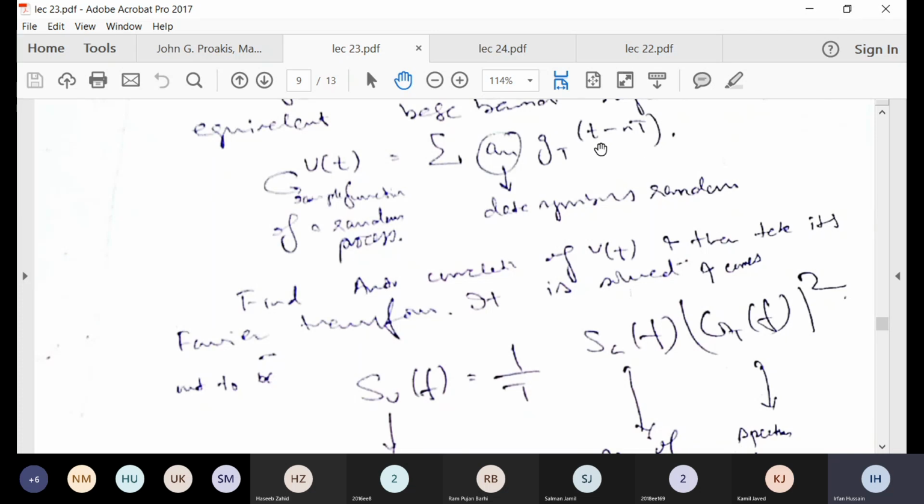This is a deterministic signal and this is a random process, so it is a random process passing through a system. The proof is not in the course, but just for your understanding: in the Fourier domain, the output spectrum is equal to the input spectrum times the mod square of the PSD of g of t.